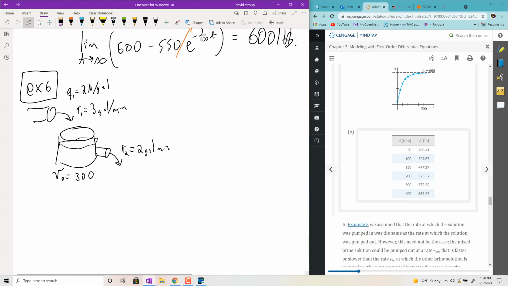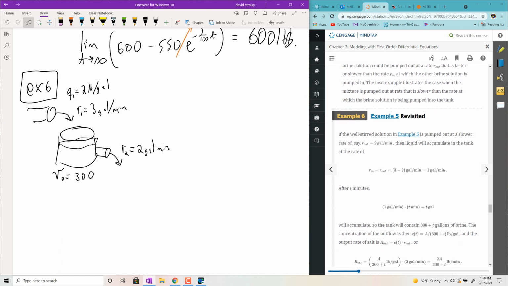So in example 6, they changed the rate out. What's going to happen with our new formula? The first term is the same, just 2 times 3 is 6. But the second term is going to be different.